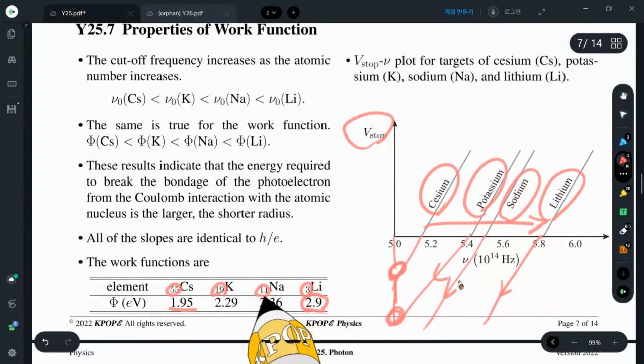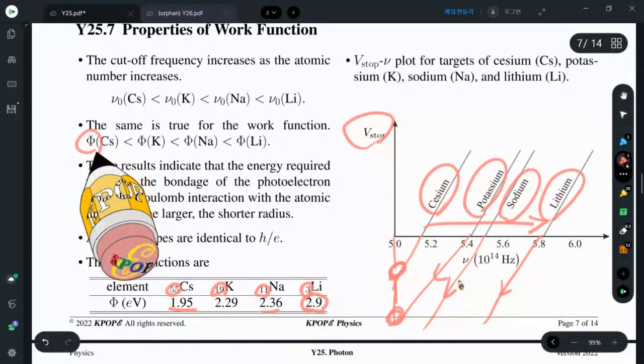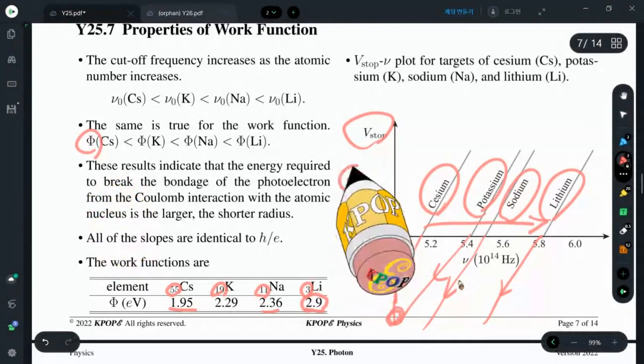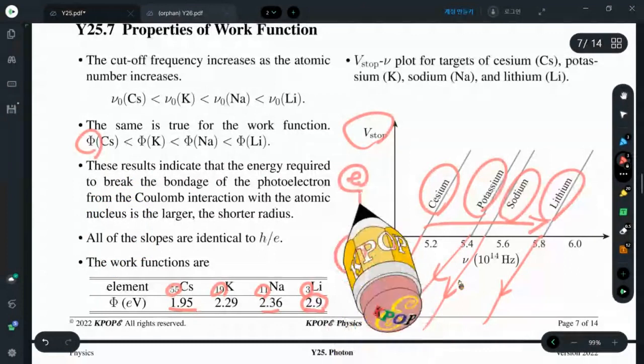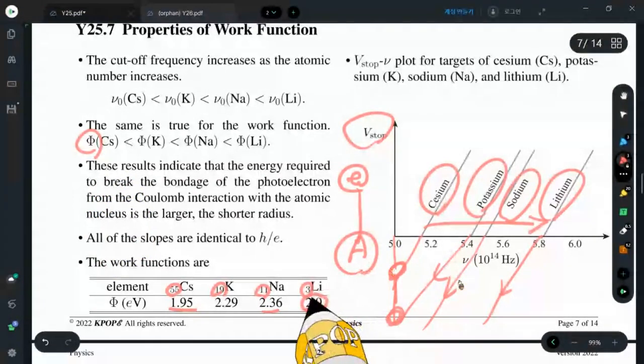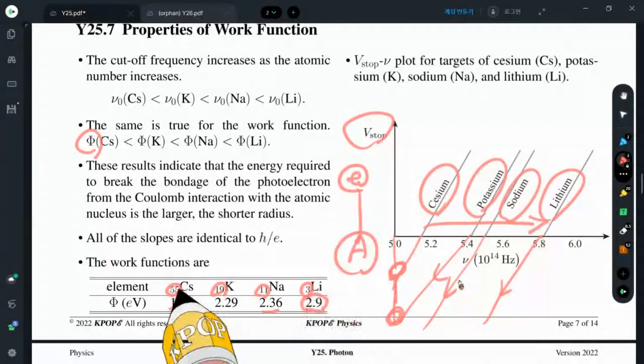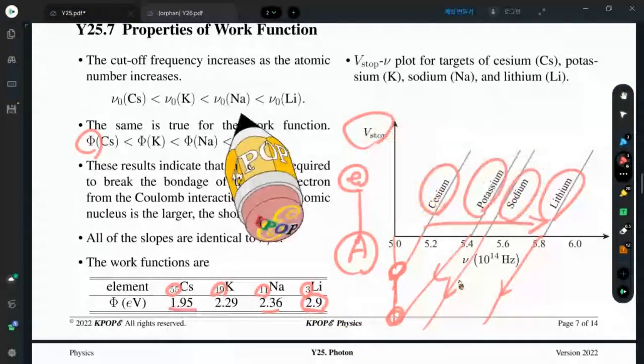So I told you the work function phi determines the energy scale of the binding energy between the electron and atom. And you know, the size of lithium is much, much smaller than the size of cesium.